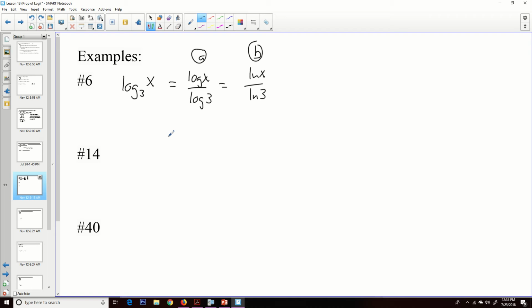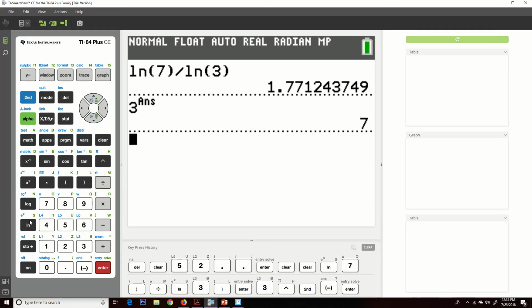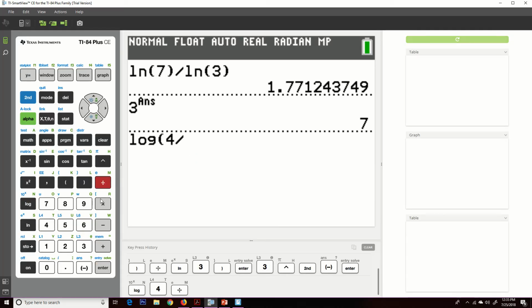And so in number 14, they give us log base 9 of 4. So we're just going to use the same thing we did here. We'll go log of 4 over the log of 9. We'll grab our graphing calculator. Log 4, make sure we close that up, divided by the log of 9, close that up.